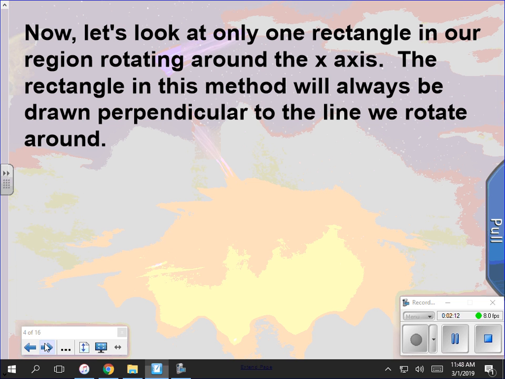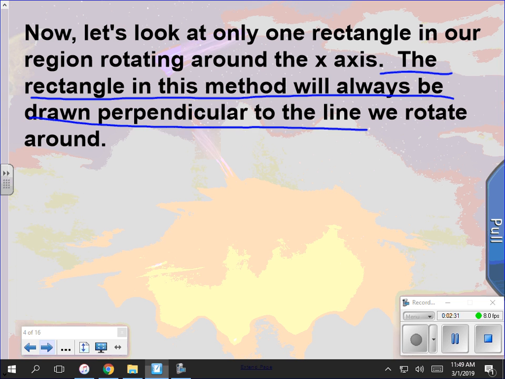Okay, now let's look at only one rectangle in our region rotating around the x-axis. The rectangle in this method will always be drawn perpendicular to the line we rotate around. This is important. The rectangle will always be drawn perpendicular to the axis of rotation with this method.